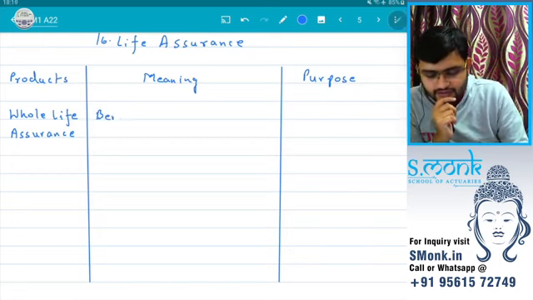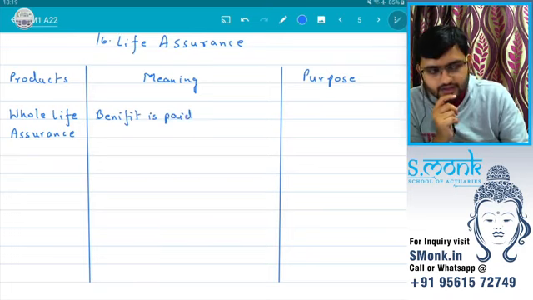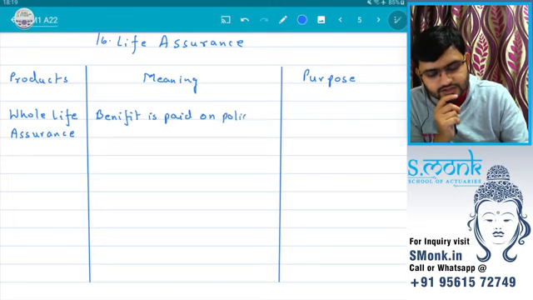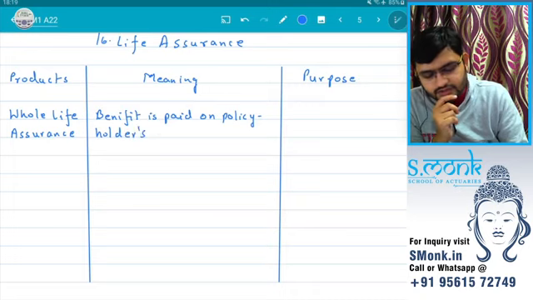So benefit is paid on the individual's death, or let's say policy holder's death.